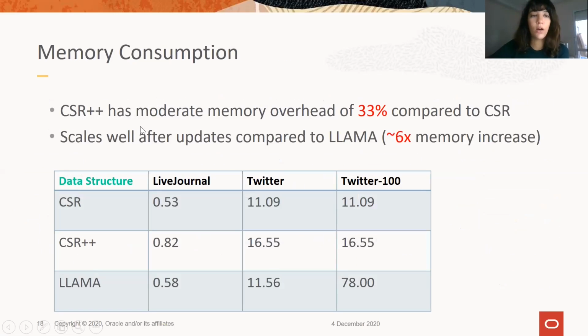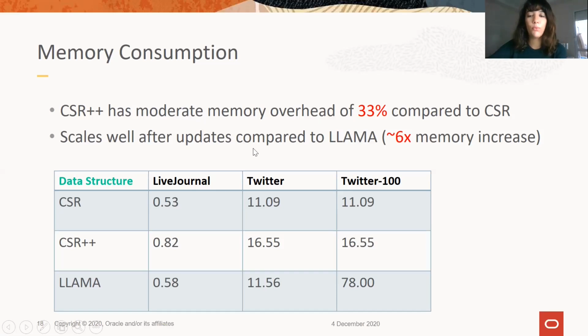Next, we're going to talk about memory consumption, which is a very big challenge when designing data structures. We evaluated CSR++ against CSR and Llama, and found that CSR++ has a moderate memory overhead of 33% compared to CSR, both for small graphs and large graphs, and it scales well after updating the data structures.